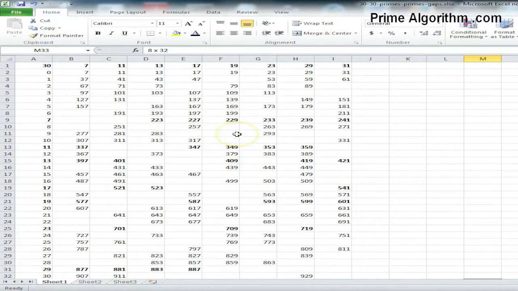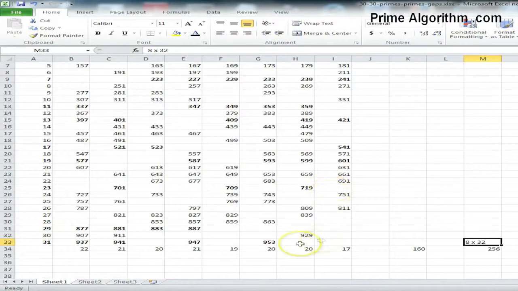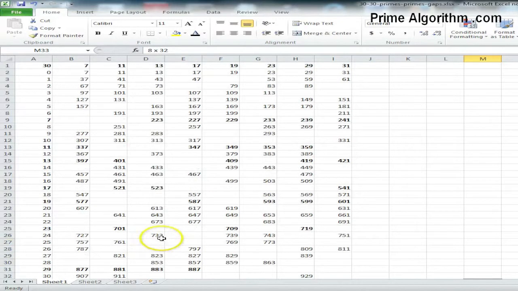So the 30 mod formula correctly showed where every prime from 7 to 953 in this particular example exists. Not one prime above 5 is outside of these 8 channels.